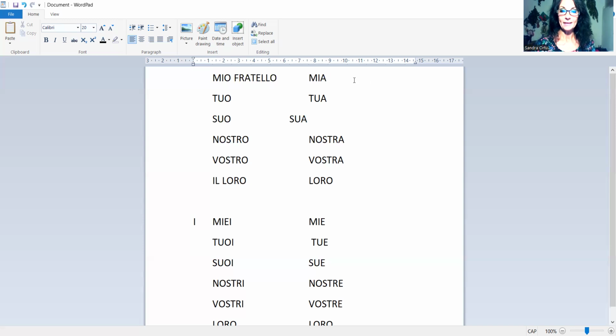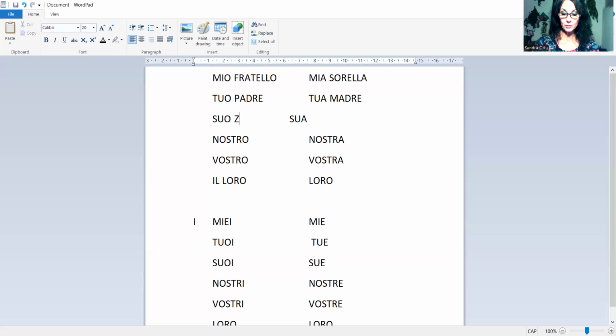We can have a sister, mia sorella, my sister. Let's see, we can have father, your father, and you can have also tua madre, your mother. I will read them a little bit when we finish.